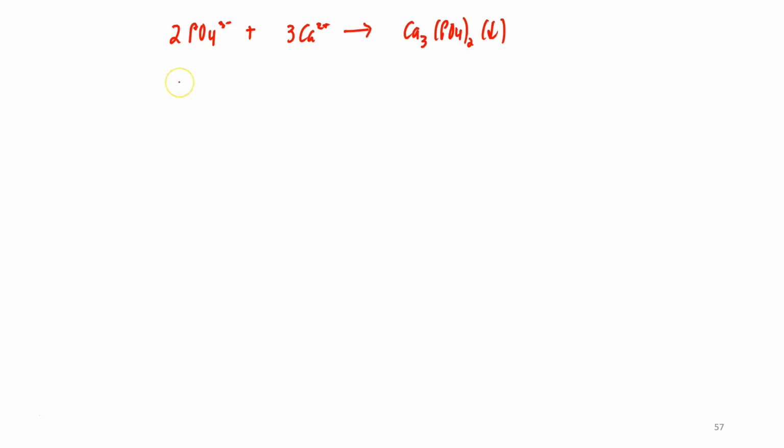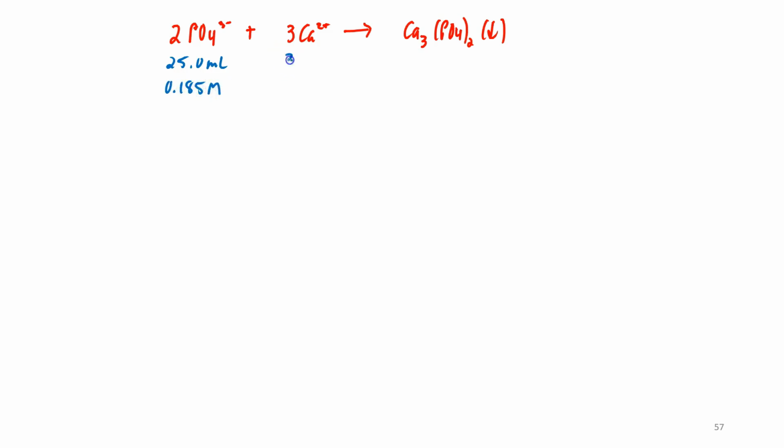So I've written the net ionic equation, which shows the ions that participate in the reaction, and now I want to remind myself of the concentrations of each ion and maybe the volumes of solution. For phosphate, remember we had 25.0 milliliters and the concentration was 0.185 molar.